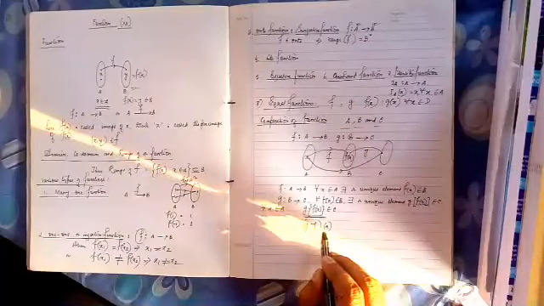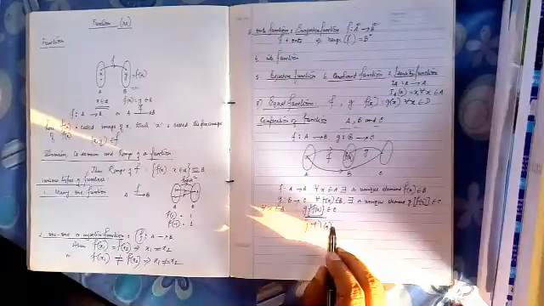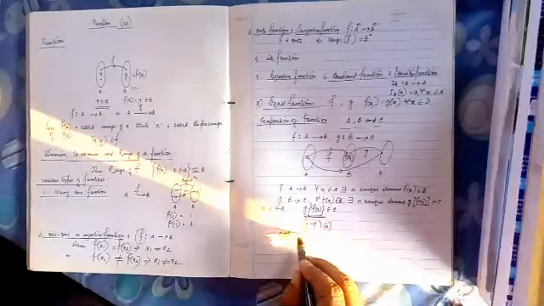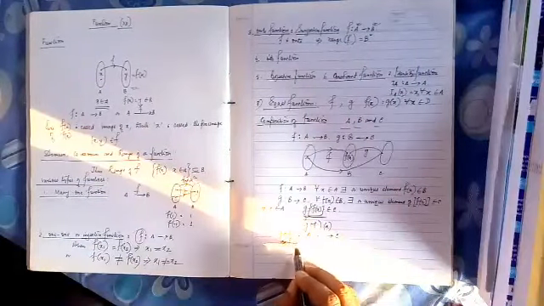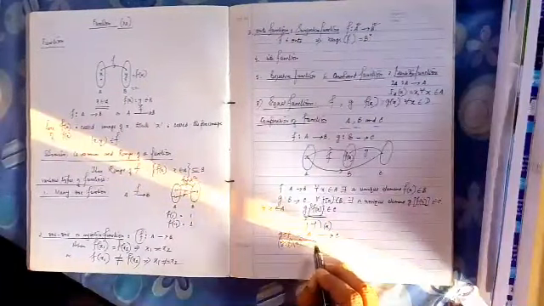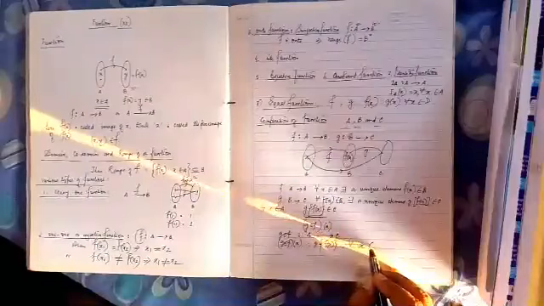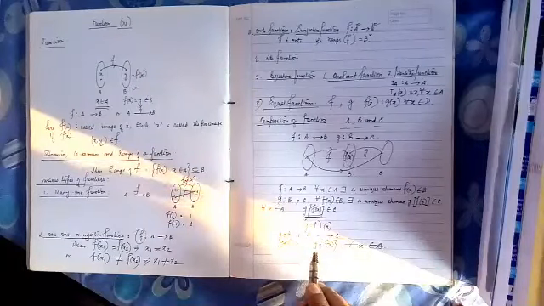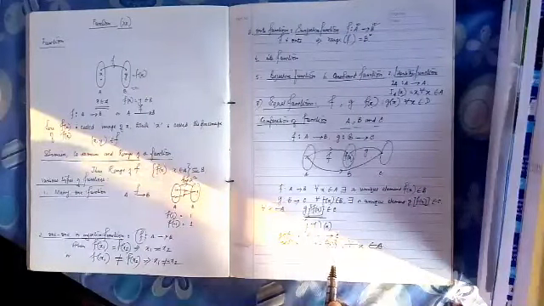So g of f of x. g of f is a function from A to C, defined by (g of f)(x) is equal to g of f of x for all x belongs to A. This is also known as function of a function.